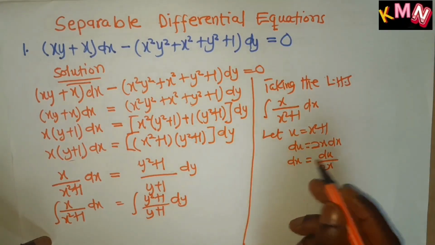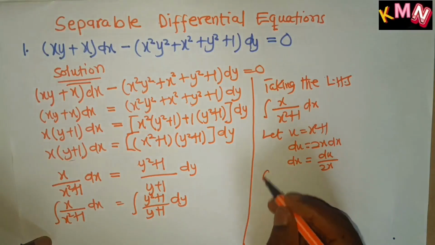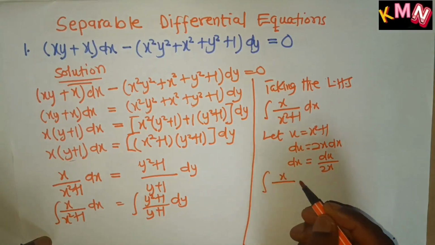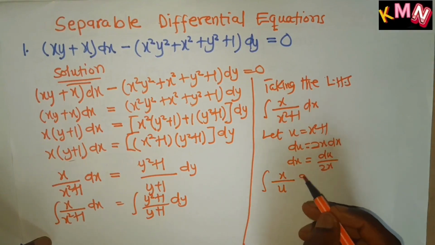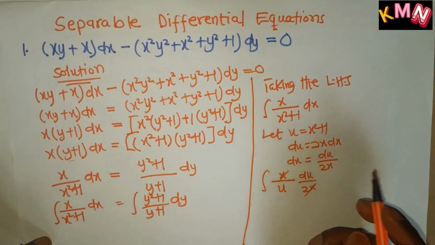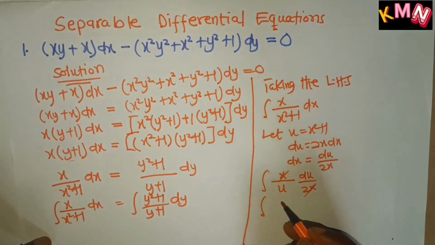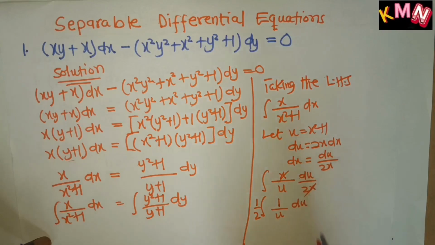Then we put it back into that, you're going to get x on u. Now our dx is the whole of this, so we are going to get du on 2x, and you know that this cancels this, and that gives us the integral of 1 on u. While this 2, we can factorize that out, and that will give us 1 on 2u.